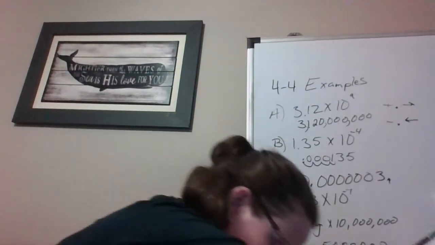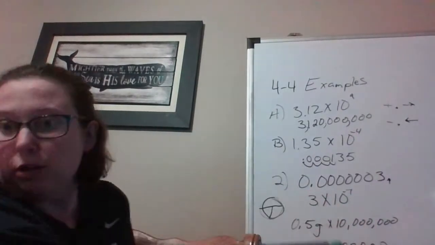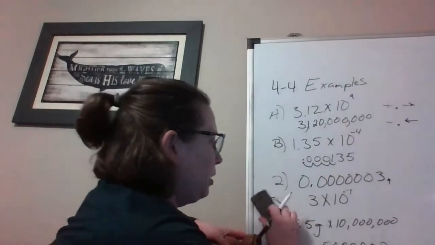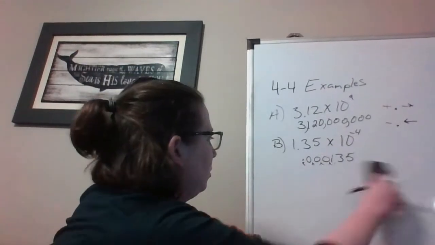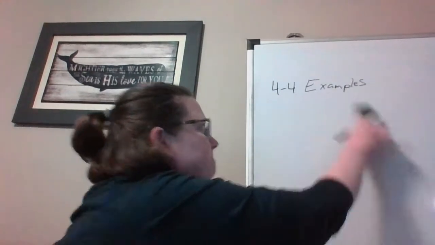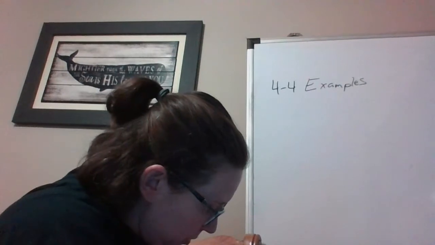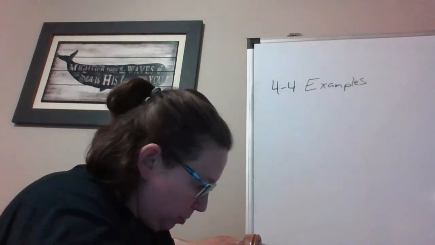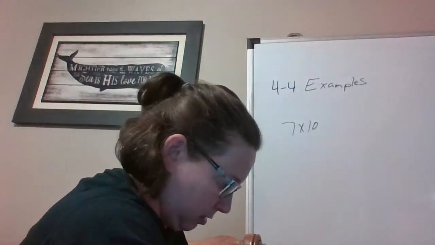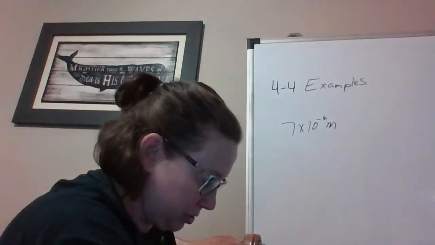Alright, so we're talking about the diameter. The diameter of a red blood cell, which is approximately 7 times 10 to the negative 6th meters.